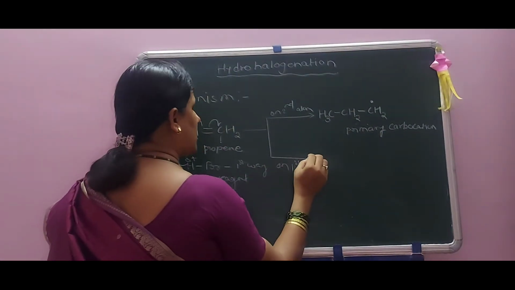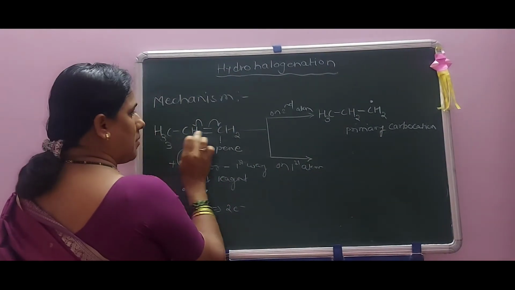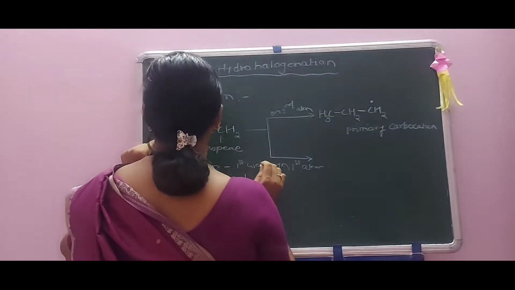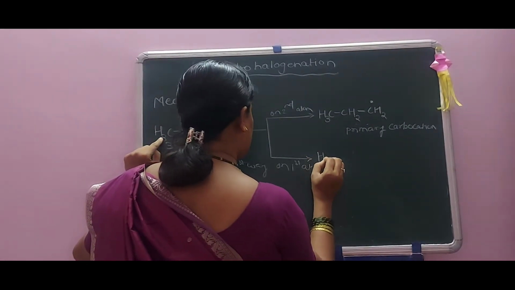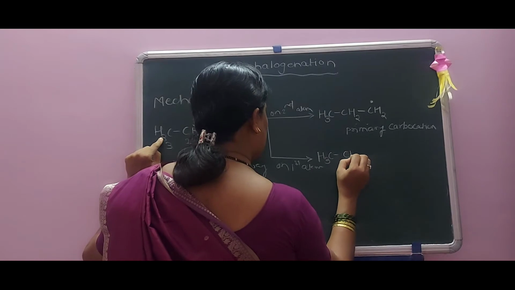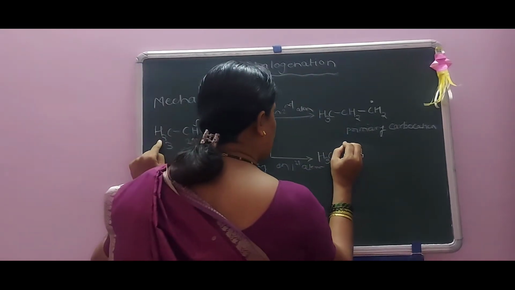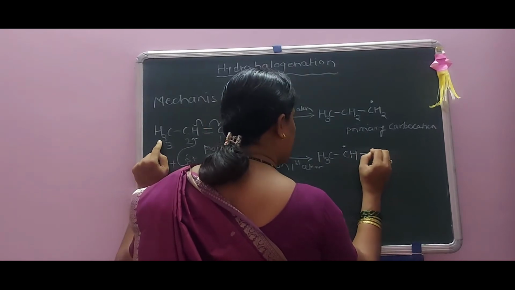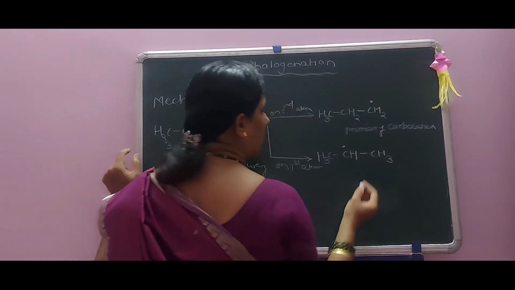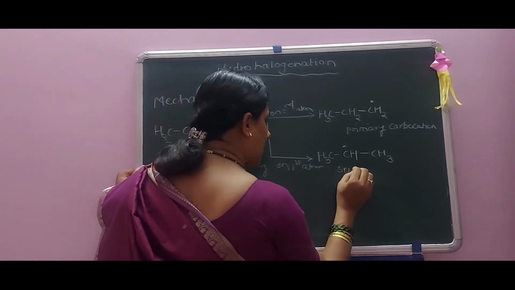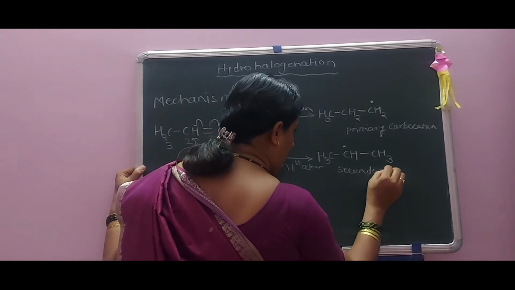Now the second way, on the first carbon atom. What happens here? That is CH3, here CH. After breaking this, there is a dot here and CH3 here. This is a secondary carbocation.